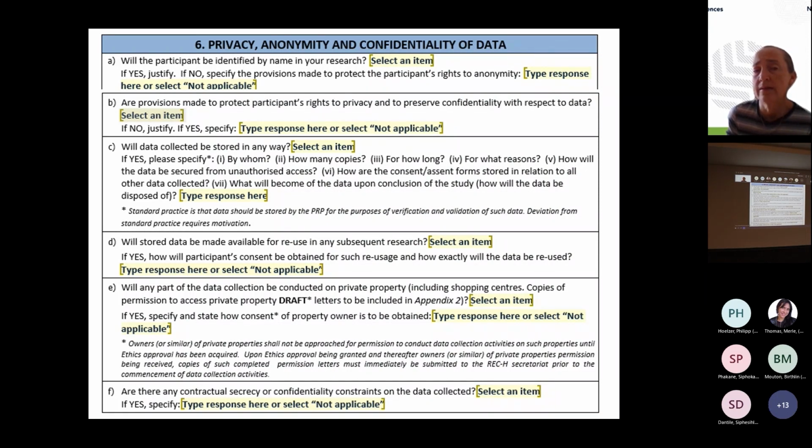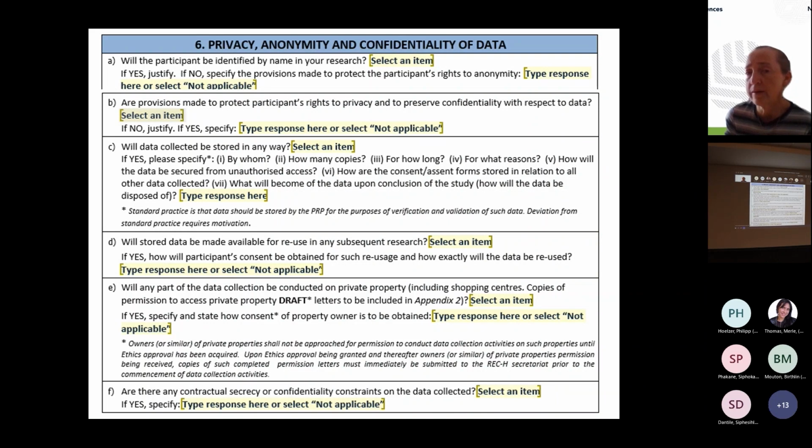Read what is there under the bullet point, next to the asterisk. Standard practice is that data should be stored by the PRP. For a master's or a doctoral study, that is usually the supervisor. For the purposes of verification and validation of such data, deviation from standard practice requires motivation.